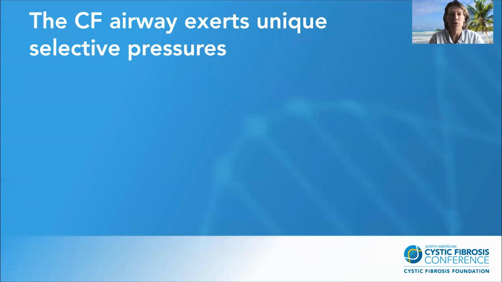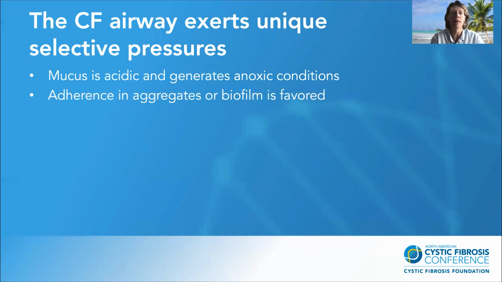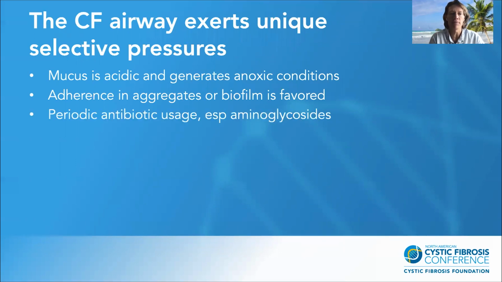Now, the cystic fibrosis airway exerts some unique selective pressures. These include an acidic mucus, which also generates anoxic conditions as the microbes become buried in that. Microbes often attach to our cystic fibrosis airways in aggregates and form biofilm, and those conditions are favored.